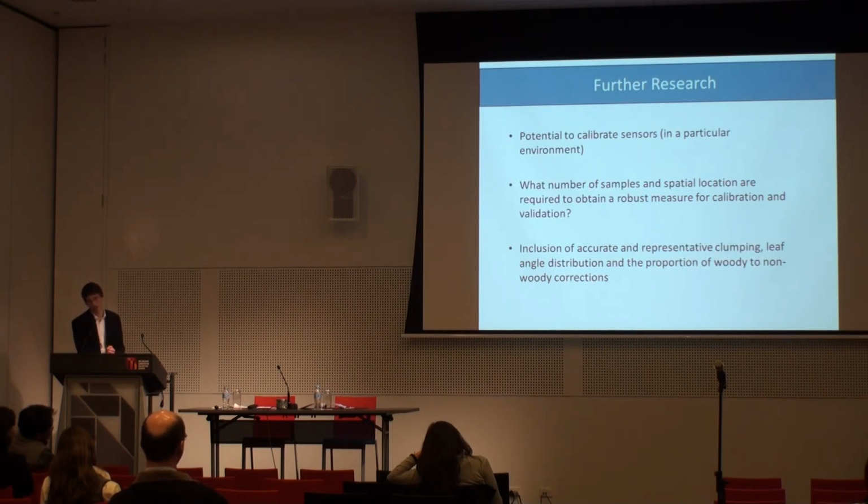And furthermore, the inclusion of accurate representative clumping, leaf angle distribution, and the proportion of woody and non-woody corrections are required to get a real measure of effective leaf area index rather than your planar index.